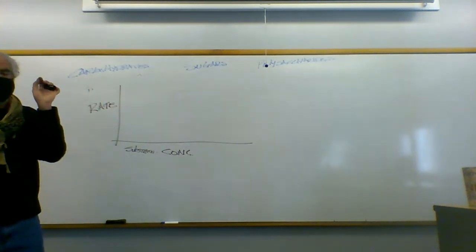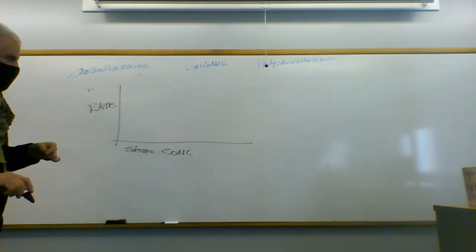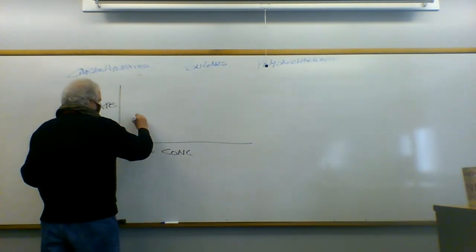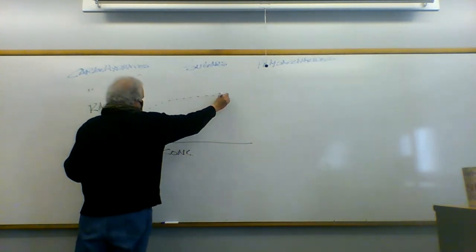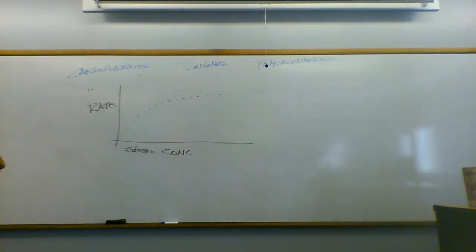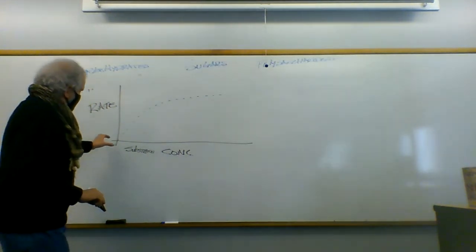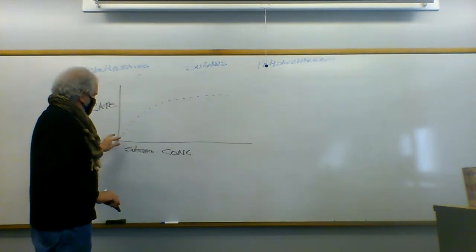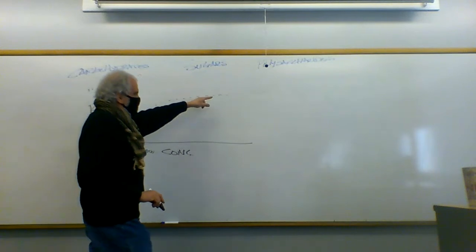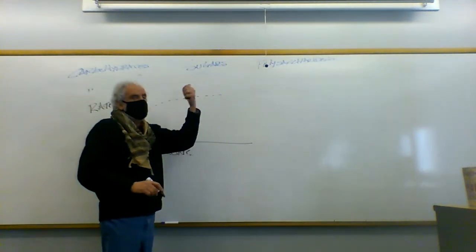And a critical thing to keep in mind is that enzyme catalyzed reactions are going to have a typical logarithmic kind of curve in which we have, at low substrate concentration, a logarithmic increase in the rate. And then we get to a spot where we have plateaued out.